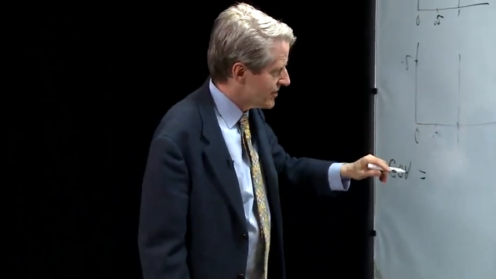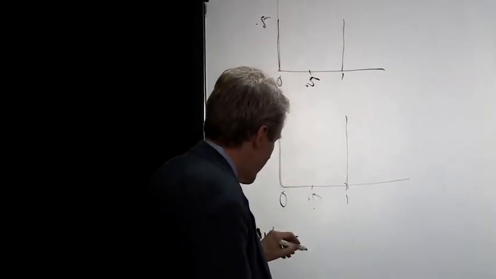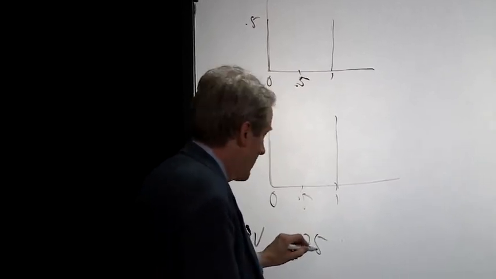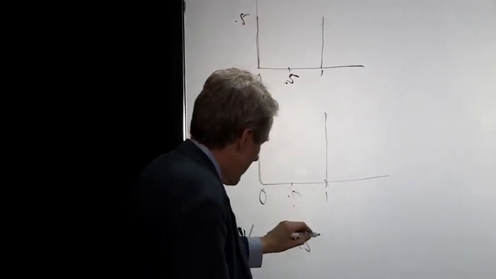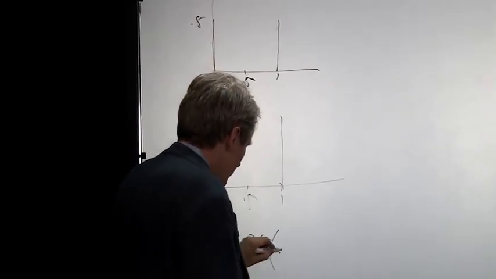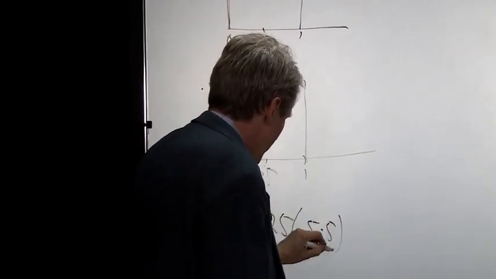Okay. So let's consider what's the first possibility? They both succeed. So it has a 0.25, 1 in 4 chance of being a half above the mean for both of them. So that's 0.5 times 0.5, right?